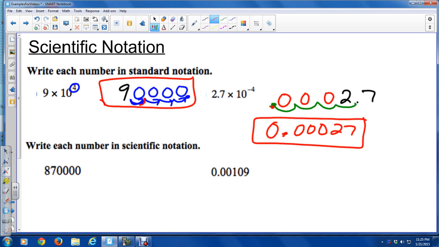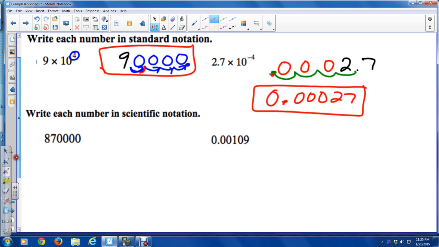Now, going the opposite direction: write each number in scientific notation, and we are literally reversing the process. So I'm given a decimal or not a decimal. In the first case, I don't have a decimal place in that number, which means it's at the end. I want to write it in scientific notation, which means I want 1 digit to the left of the decimal place. It's going to have to be the first digit, which is an 8.